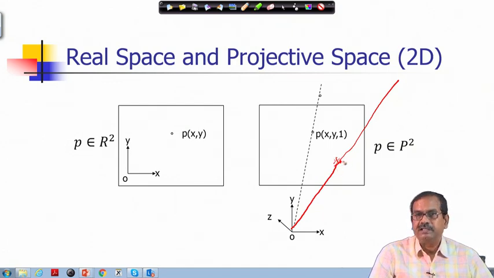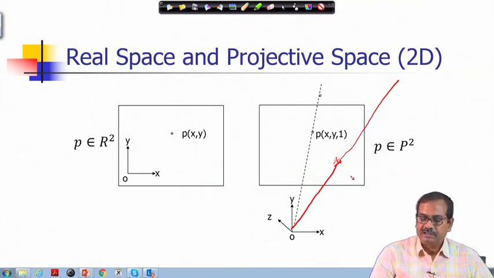This is the two-dimensional projected point, and every point in this plane is actually representing a ray. That is the basic representation of a projective space.